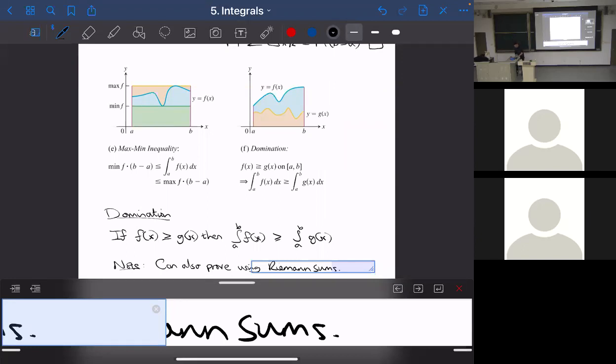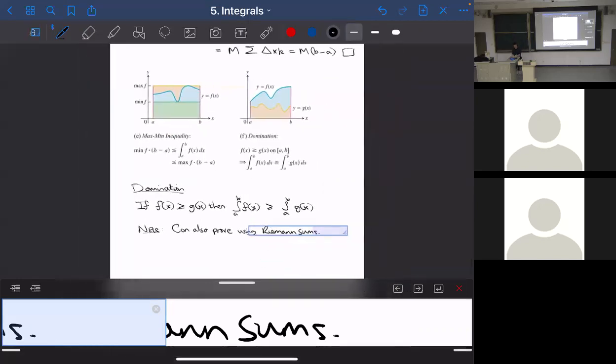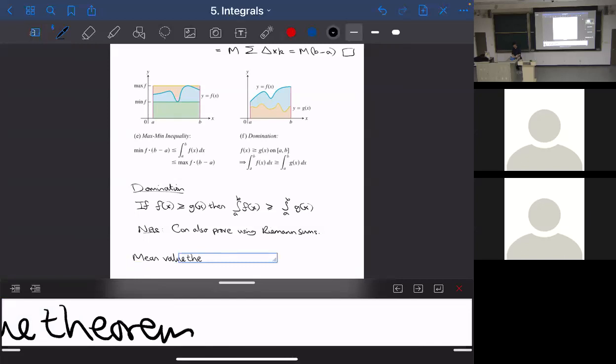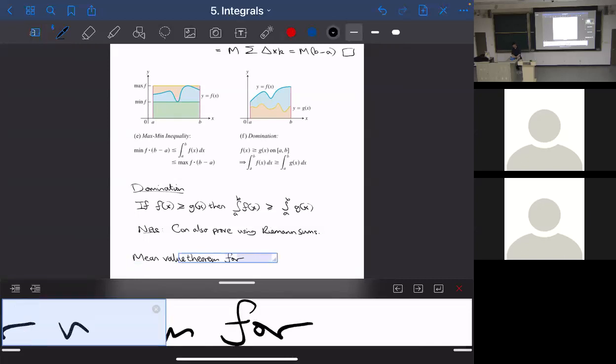And now, starting a new section, some powerful methods to calculate them. So, the mean value theorem for integrals.